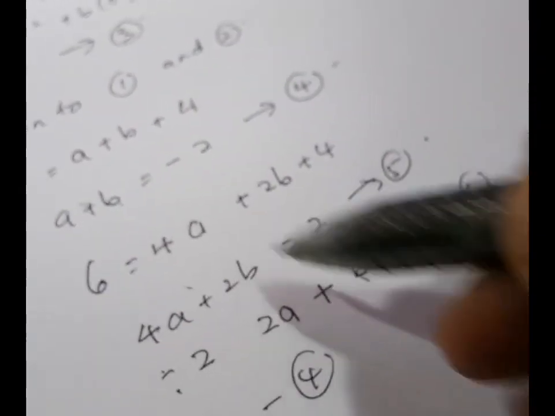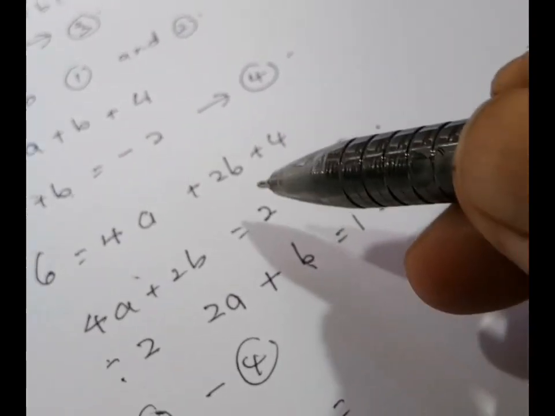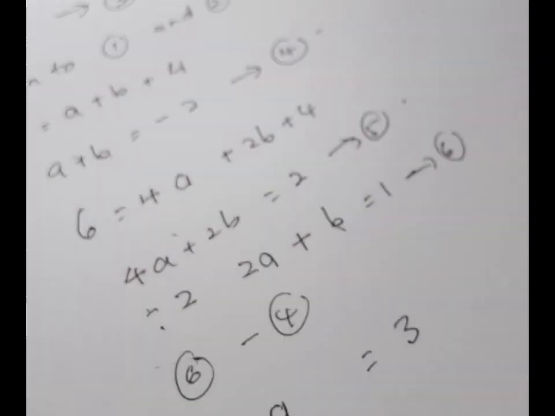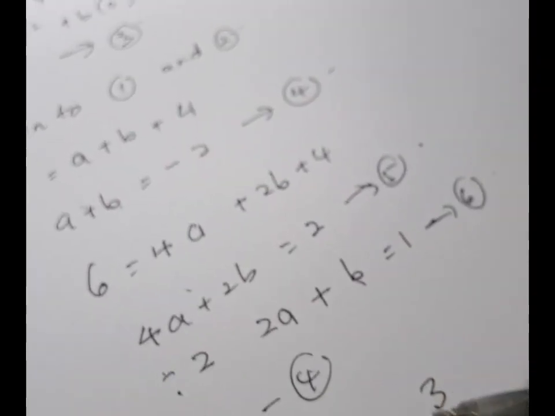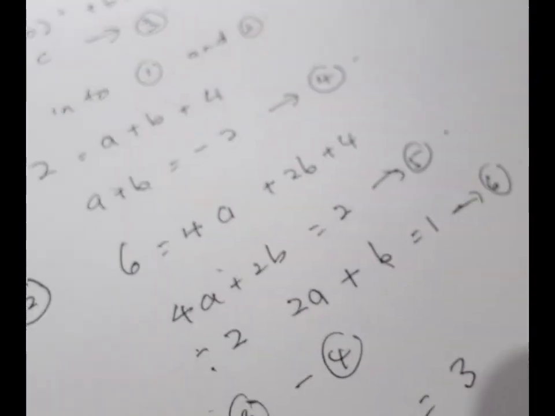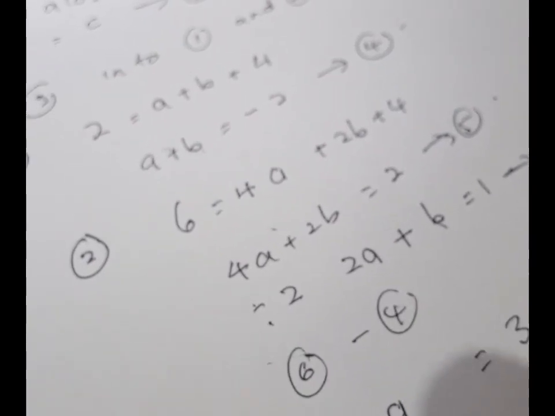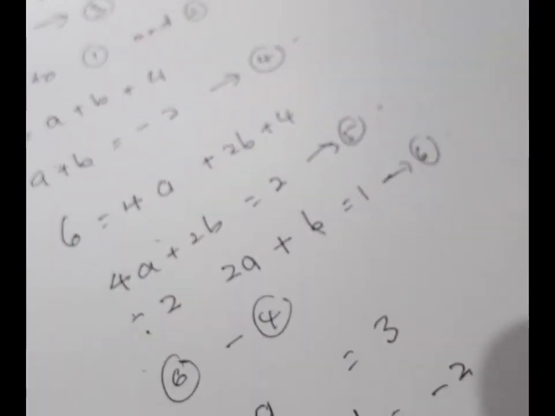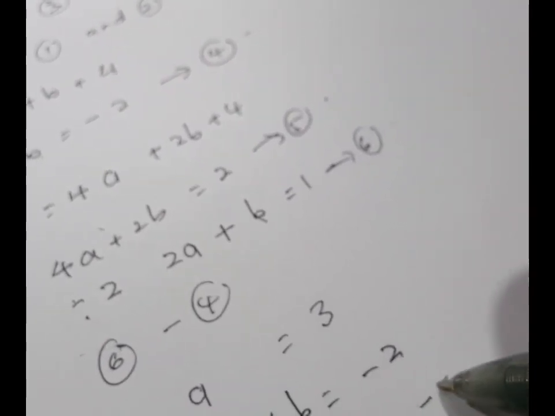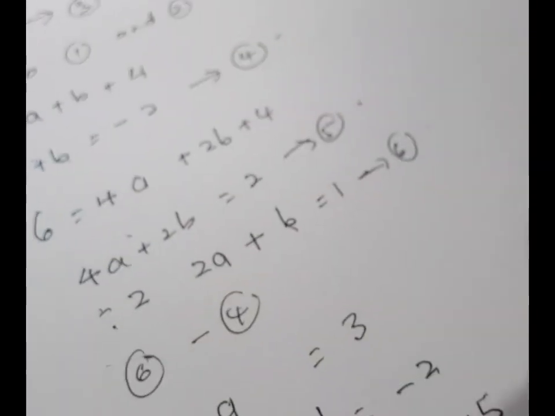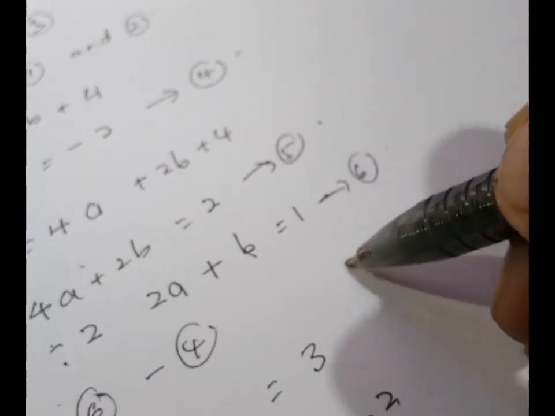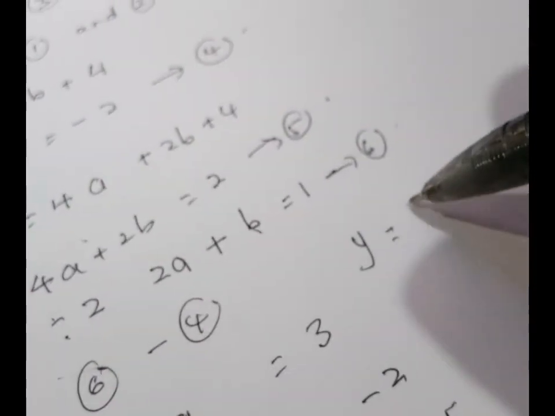Now solve equation 6 and equation 4. We eliminate b here. So equation 6 minus equation 4. 2a minus a is a, b minus b is done, and 1 minus minus 2 is 3. So a becomes 3. Now since a is 3, substitute in equation 4: 3 plus b equals minus 2.